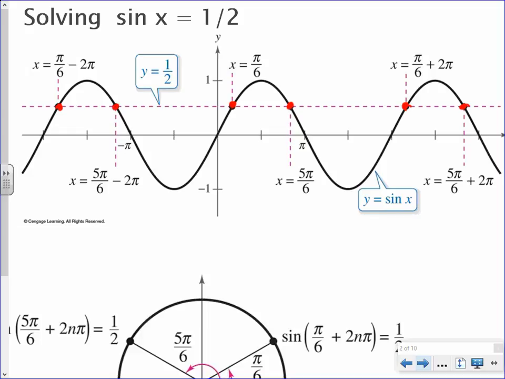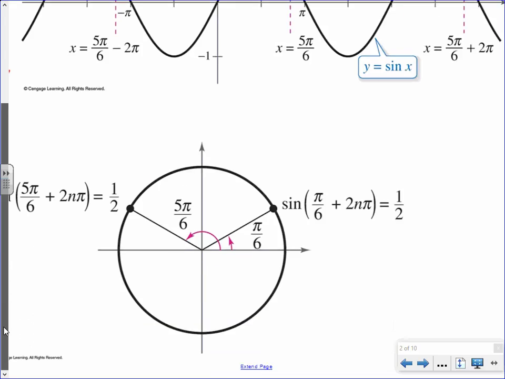A lot of you are thinking about the unit circle. Pi over 6 and 5 pi over 6. That's it, right? Well, technically, we can keep rotating around the unit circle over and over again, and we can go over those points over and over again. So technically, we're going to have an infinite number of answers when we solve these trig equations.